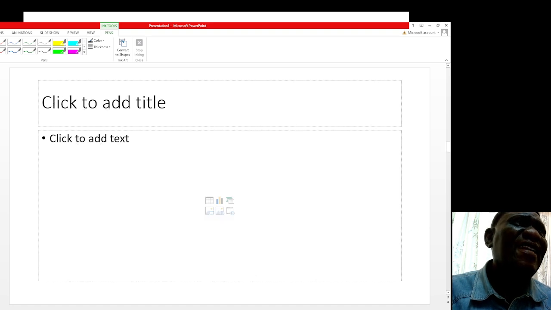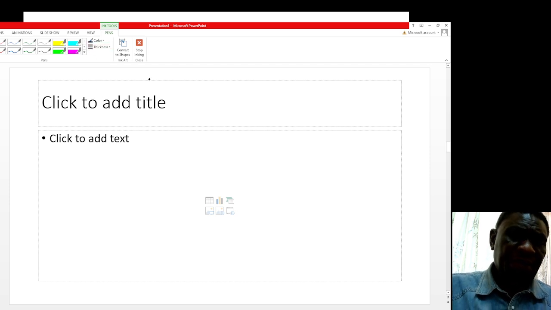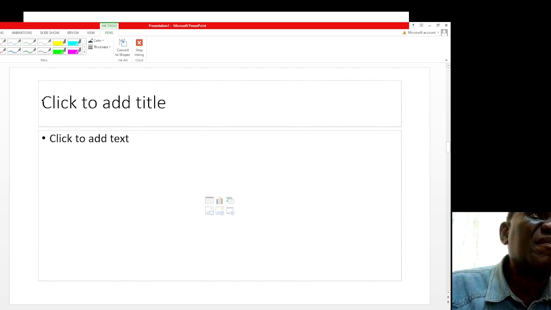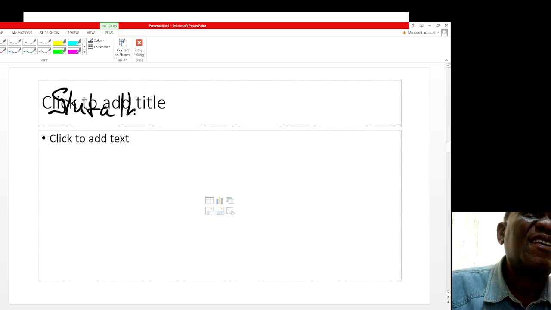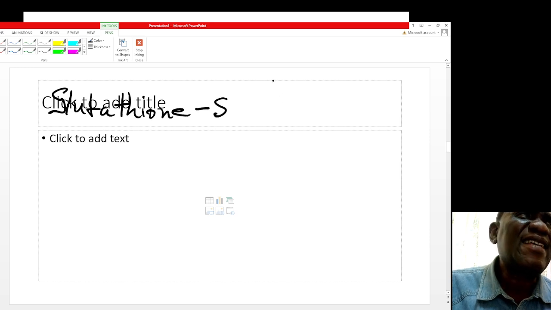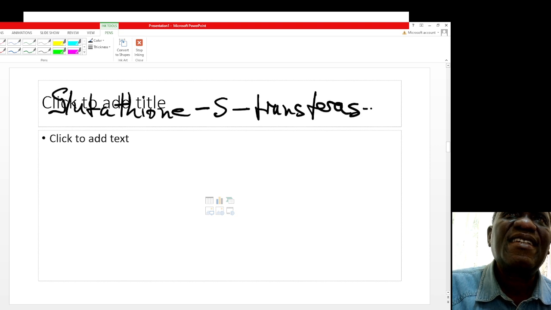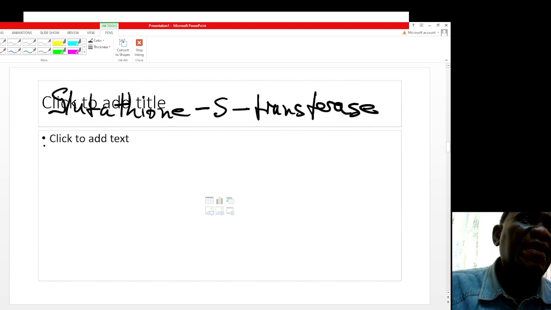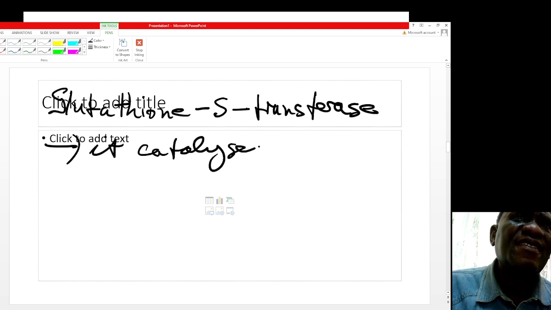We need this enzyme, it is known as glutathione S transferase. It catalyzes the conjugation reactions.